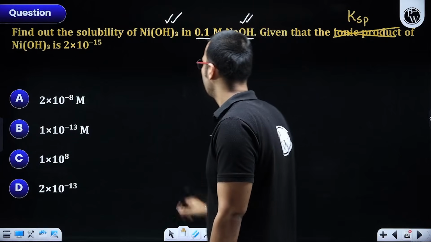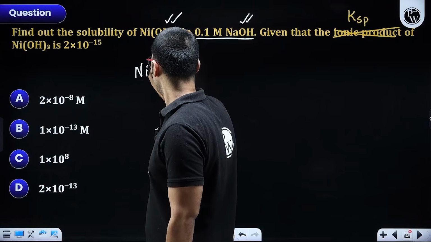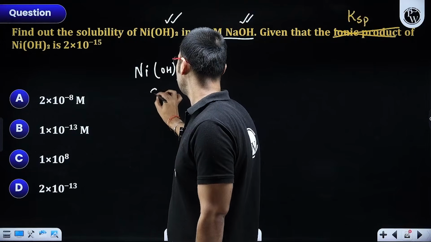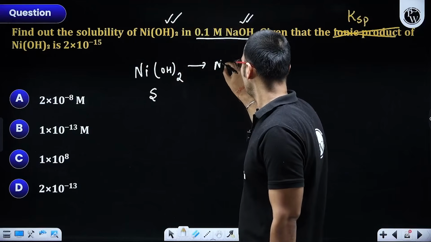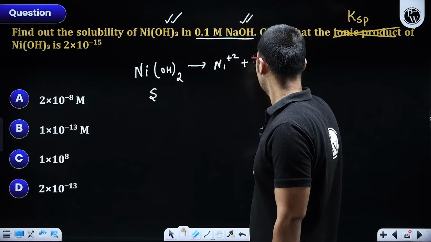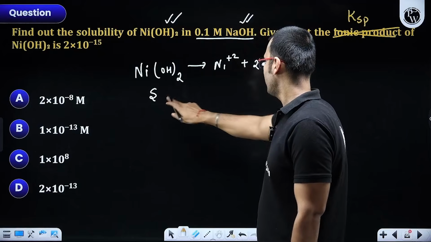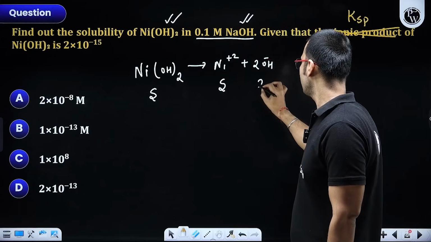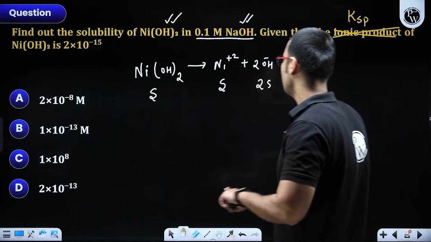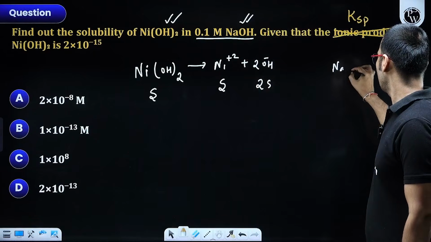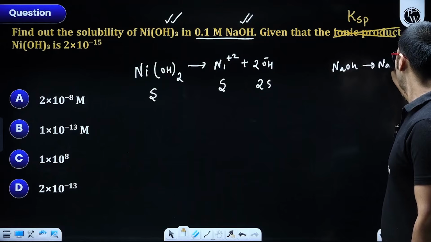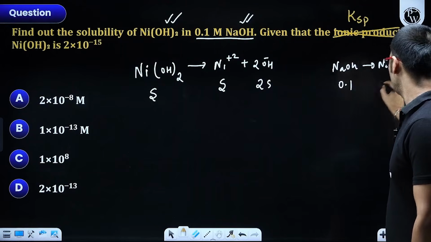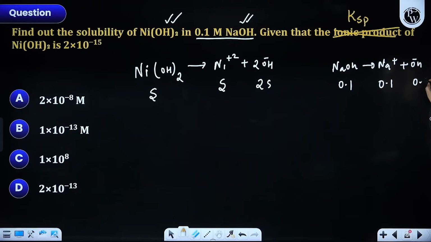So let's do that. Let's say that Ni(OH)2, in the presence of NaOH, has solubility S. So it will decompose into Ni 2 plus and 2 OH minus. So from S, we get S of nickel 2 plus and 2S of OH minus. But because we have NaOH here, NaOH will ionize into Na plus and OH minus. 0.1 molar NaOH will give 0.1 molar Na plus and 0.1 molar OH minus.